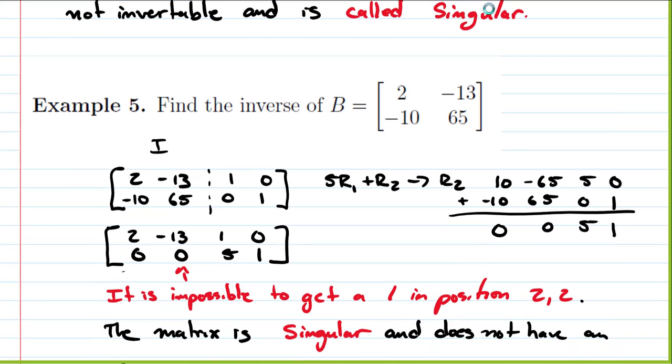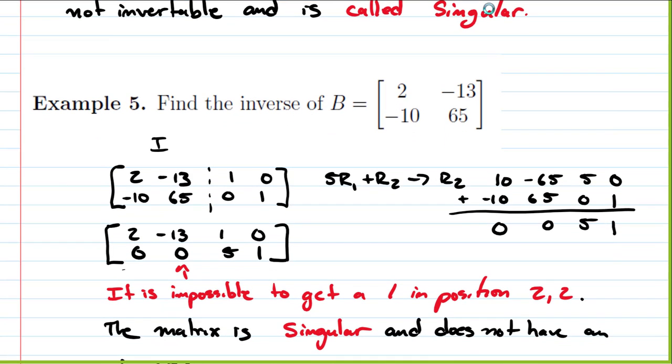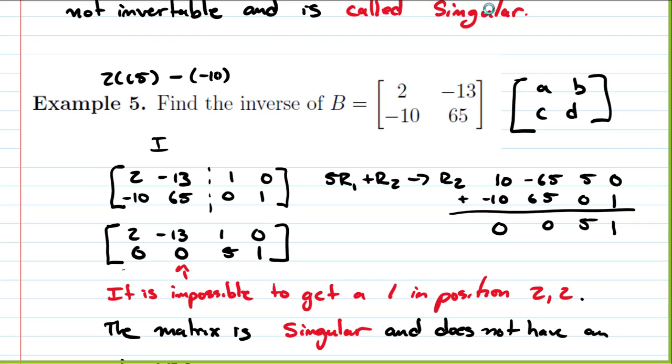So if we go up and check that for this matrix, if we compare it to our A, B, C, D, A times D, so 2 times 65 minus negative 10 times negative 13 gives us 2 times 65 is 130.